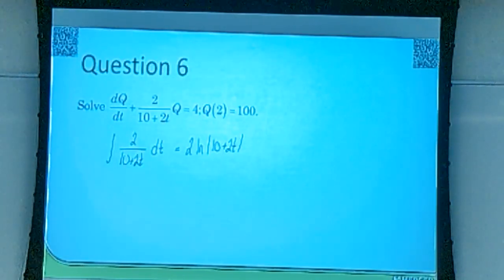Take that derivative. Do you get 2 over 10 plus 2t? What do you get? I'll give you 4 over. Which means that can't be the right antiderivative.